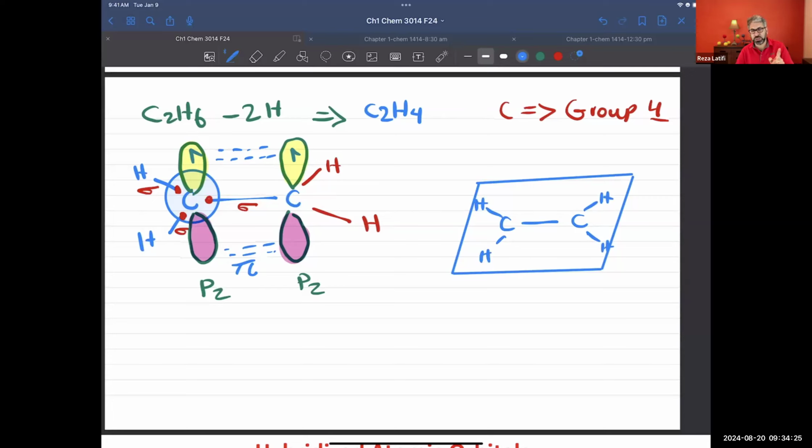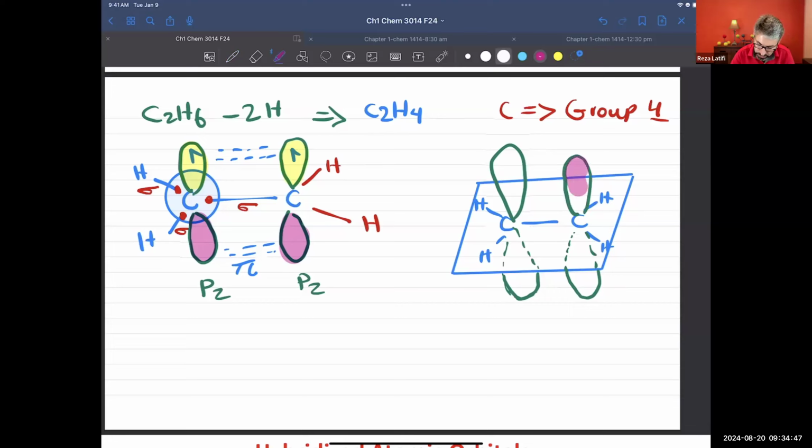But the p orbitals are pointing up and down of this plane. Those are going to be the yellow one and the pink.